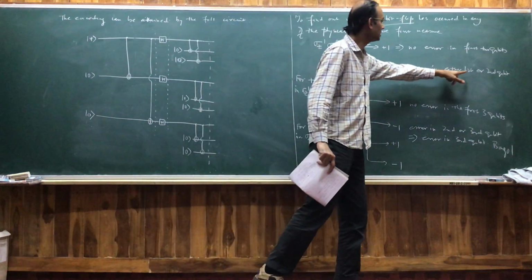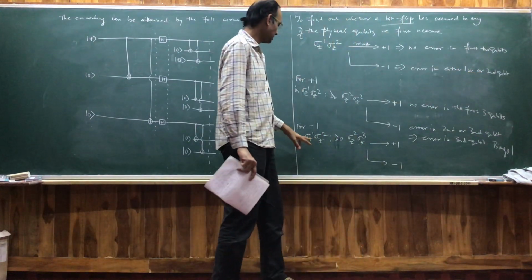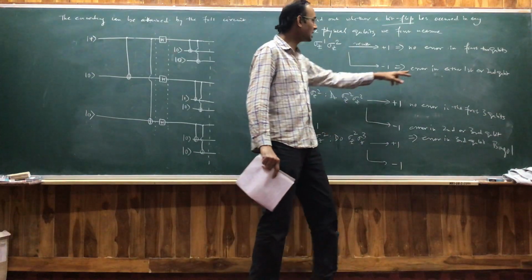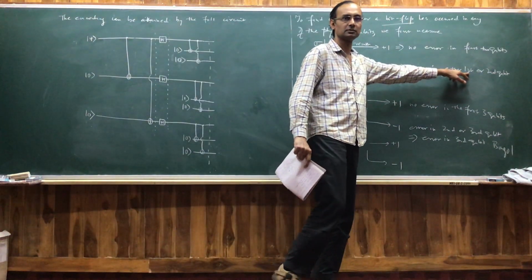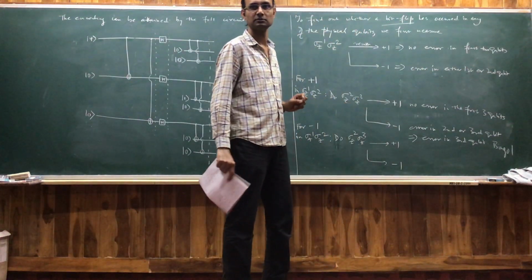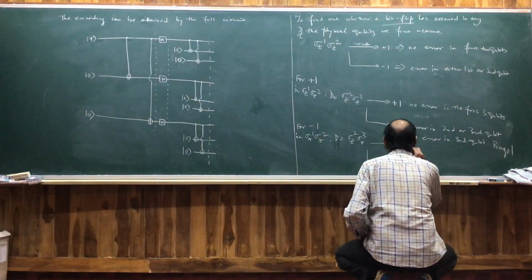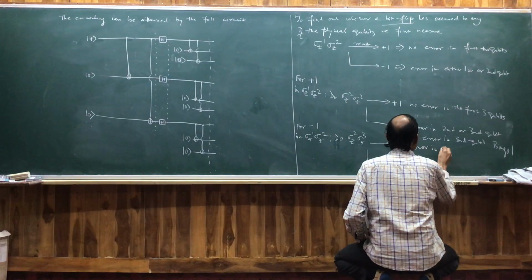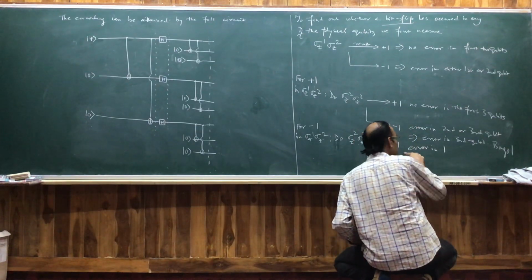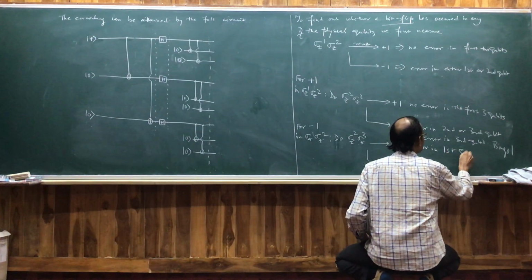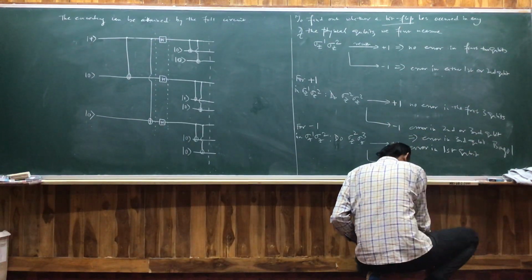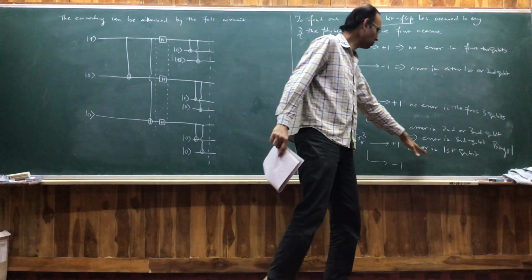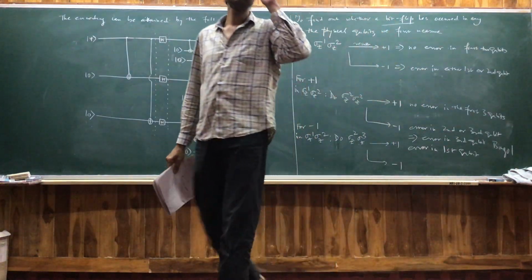So there is error in either first or second. But this one says that there is no error in 2 and 3. So there must be error in the first. Yes? Error means again bit flip error. You don't need to go any further anymore. That's the end of this.